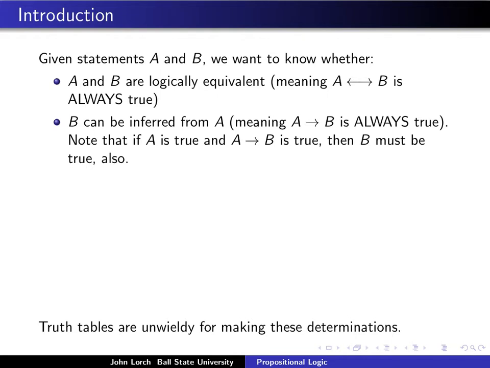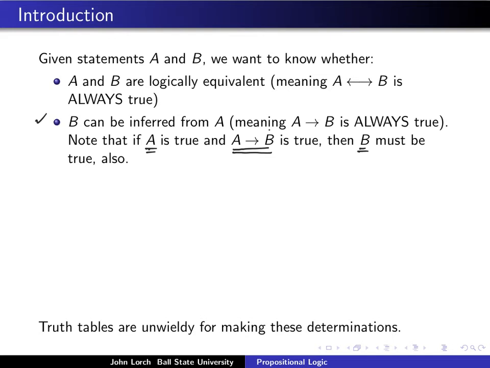Now, regarding this second bullet point, I want you to notice that, in the instance that A is true and the conditional, if A then B is true, then B must be true also. In other words, B can be inferred from A. Now, why is that?